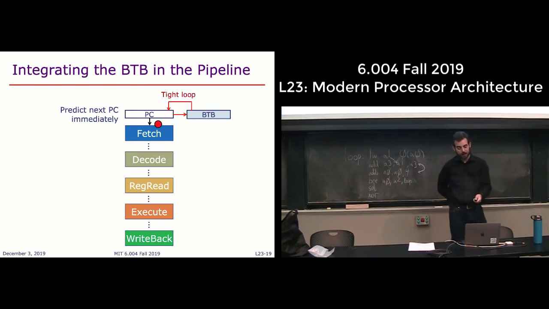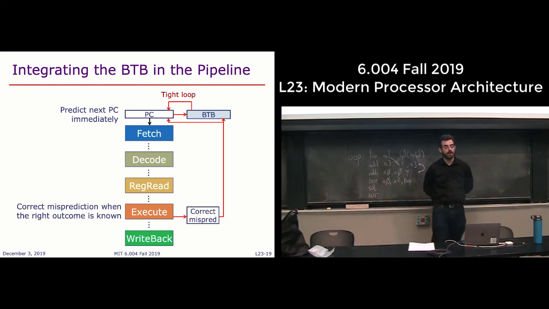This is what we call a tight loop. There's no delay in the predictions here. You're immediately predicting the next value. Then, many cycles later, when you figure out what the right path of execution is, you train the BTB. And if the BTB is wrong, then we can restart execution at the right PC. Any questions?